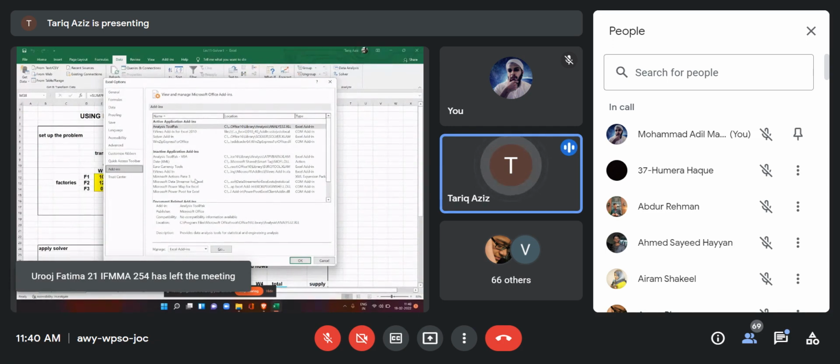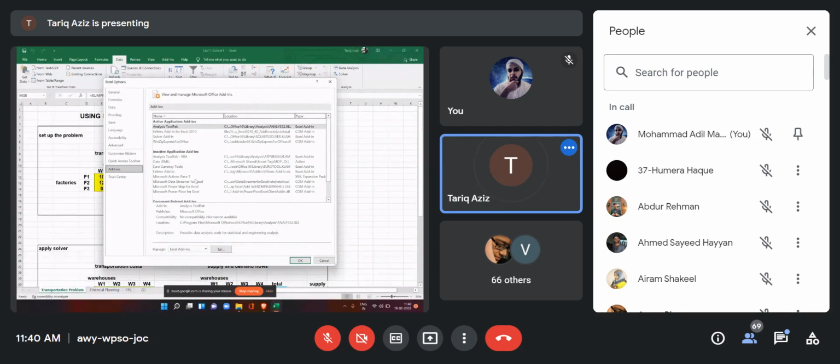One of the extra features in most spreadsheet software is solver. Solver shows up here in the active application add-ins. If it is not enabled, it will show up under the heading of inactive application add-ins. So you select the solver add-in and press Go.